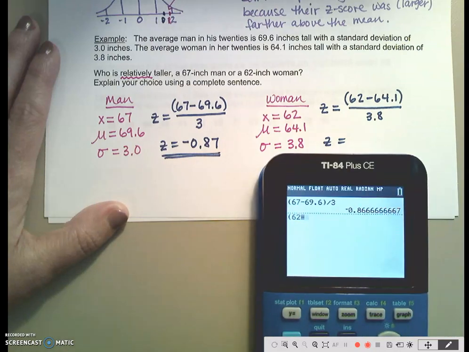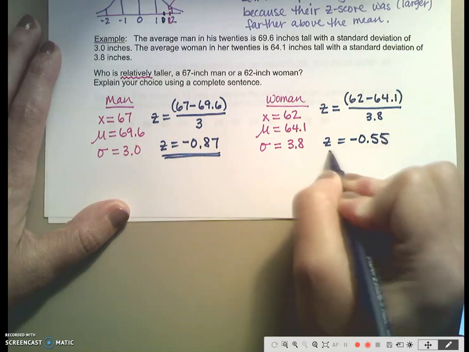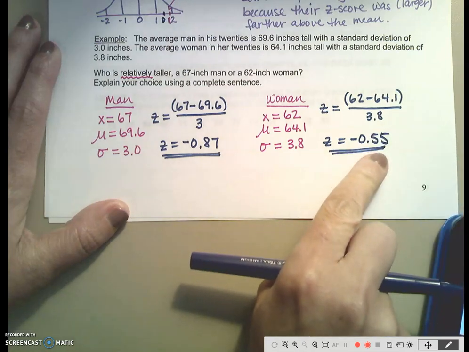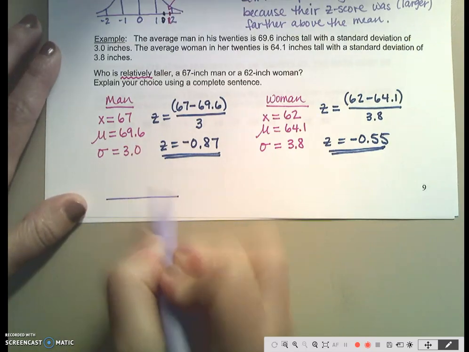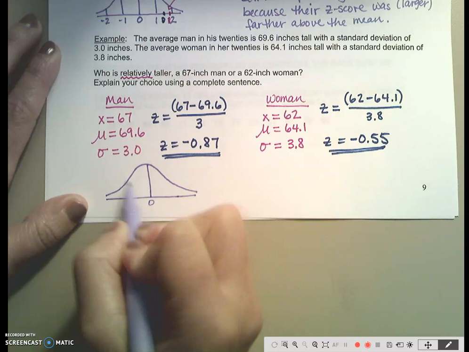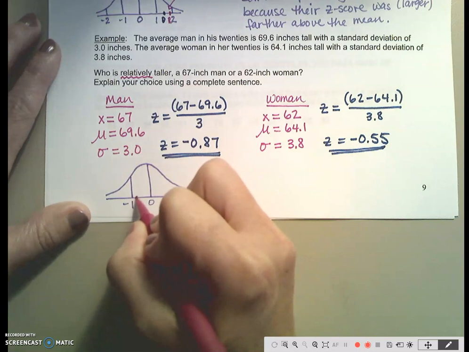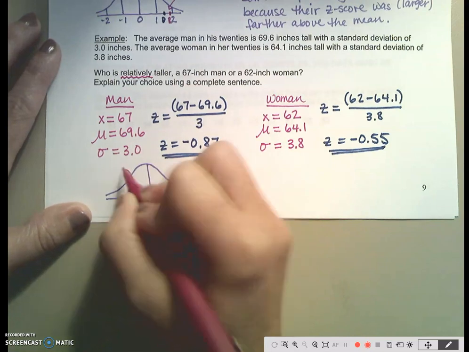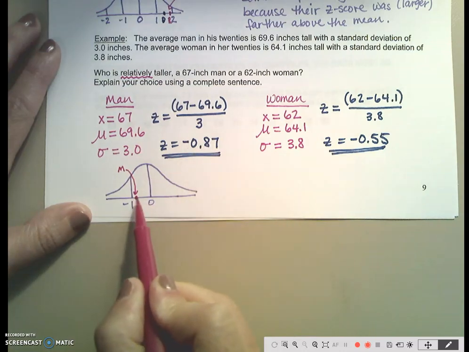And then for the woman, negative 0.55. So she's about a half a standard deviation below the mean. And let me again kind of draw a picture here. So again, if we're assuming that their heights are bell-shaped, if this is 0 and this is -1, right here, put an arrow, that's the man, negative 0.87, so almost to -1, but not quite.